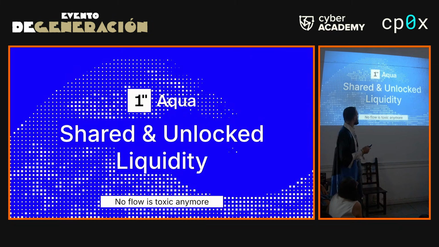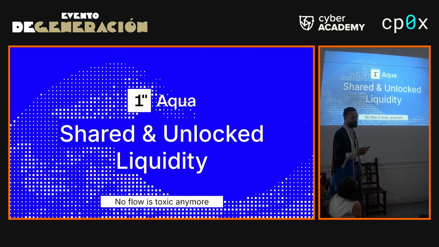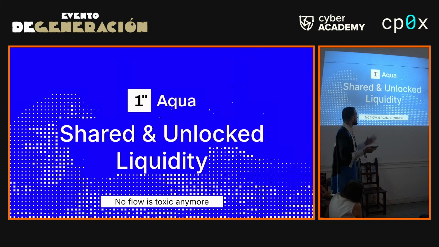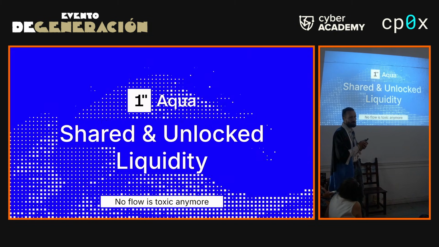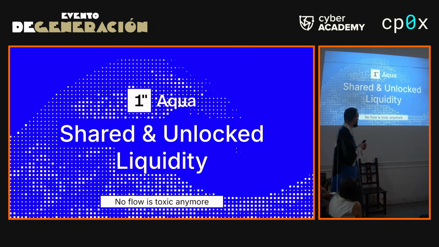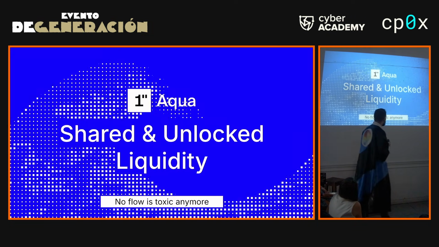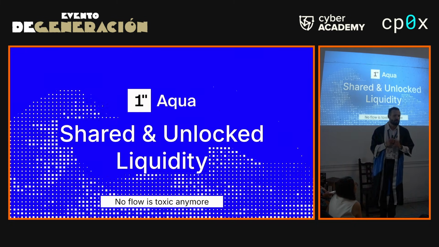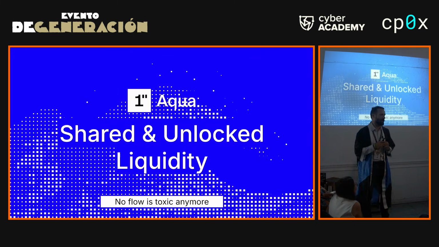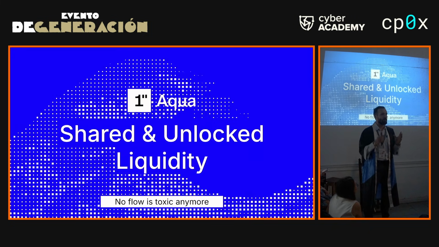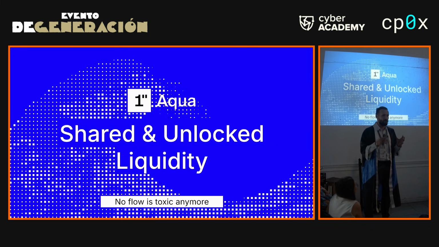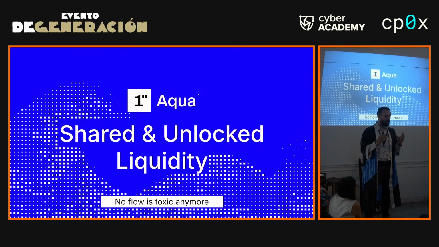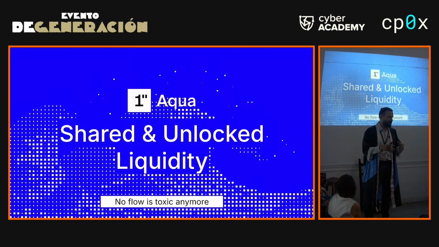So there was a concept of toxic flow. I wanted to pay attention to this topic also. Some people call it toxic flow and non-toxic flow. Toxic flow is something like arbitrage volumes. I think this is a misconception, and volumes should be separated into two different things. I call them fair volumes and unfair volumes, where fair volumes are volumes earned by your protocol, by your position, fairly. This means they are earned by their prices, their offering, via their strategy.